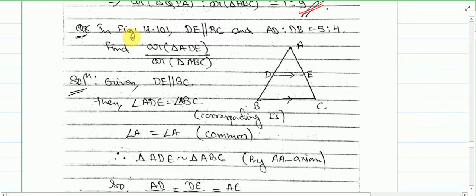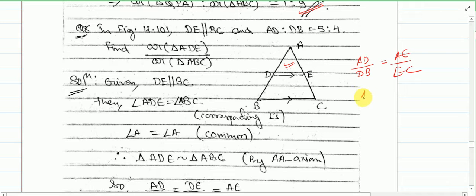So here it says in figure 12.101, DE is parallel to BC. If DE is parallel to BC, then by BPT, AD upon DB is equal to AE upon EC firstly, and also since DE is parallel to BC, the smaller triangle will be similar to the bigger triangle.